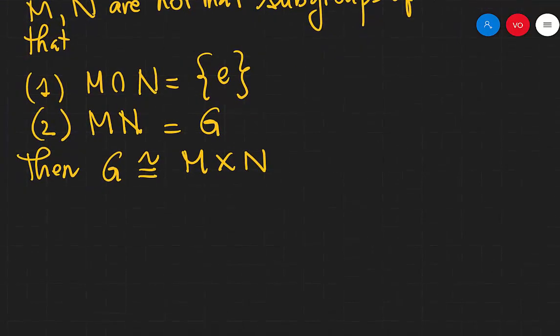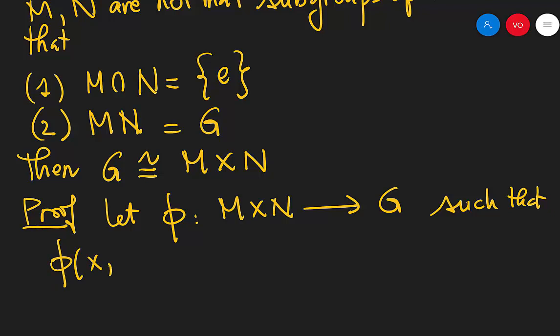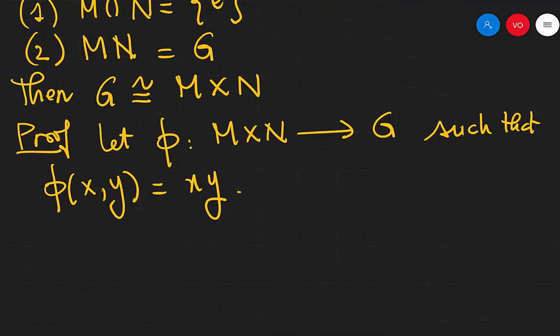And okay, so the way to see it is as follows. We'll construct an isomorphism between these two maps. So let's define this map between M cross N and G. And this isomorphism is sort of given in the obvious way. Phi of x, y is going to be x times y. Okay? Then we hope that this is a group homomorphism.